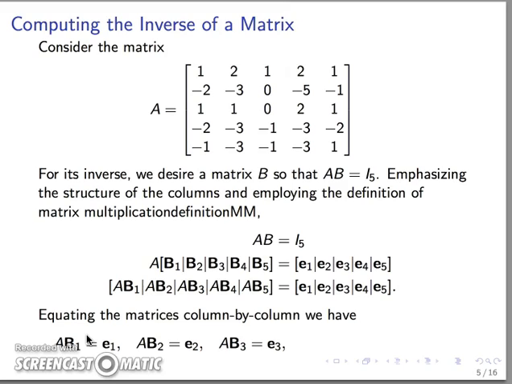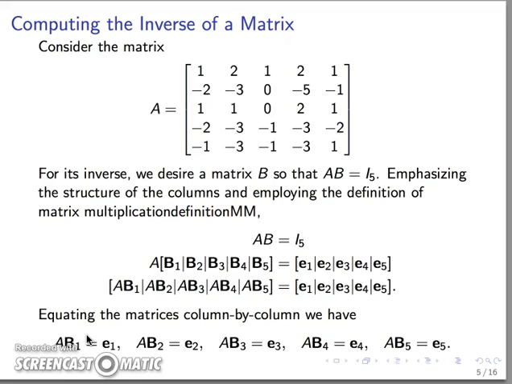A would be a matrix of coefficients, and E3 would be a vector of constants. Okay, so these are the things that we do know, and now we have 5 vector equations, and each of these vector equations has a vector of unknowns or a vector of variables, right? So B1, B2, B3, B4, B5 are the so-called vectors of variables.